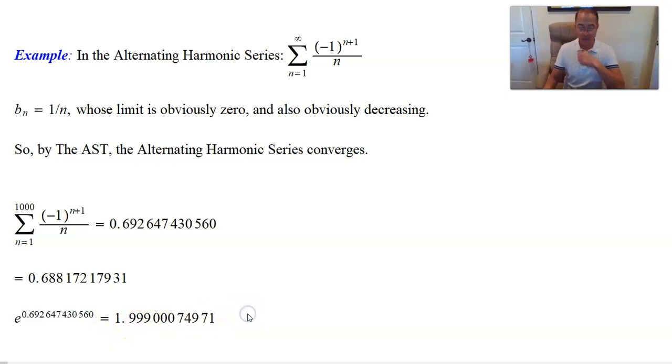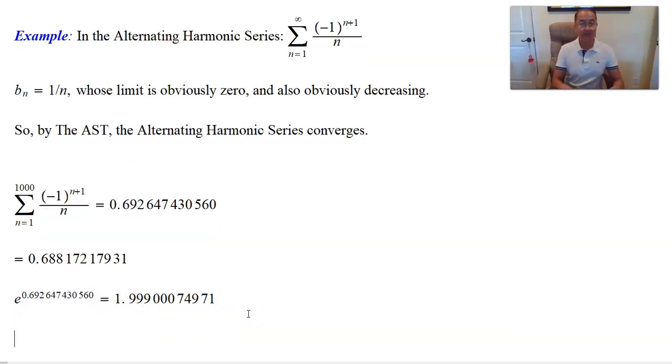So if e to the exact sum is exactly 2, and we will show this later in part 3, when we talk about power series and Taylor series.